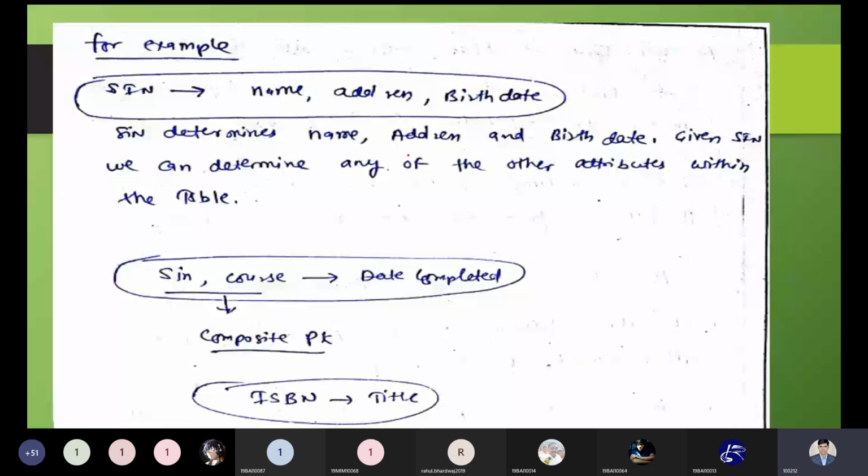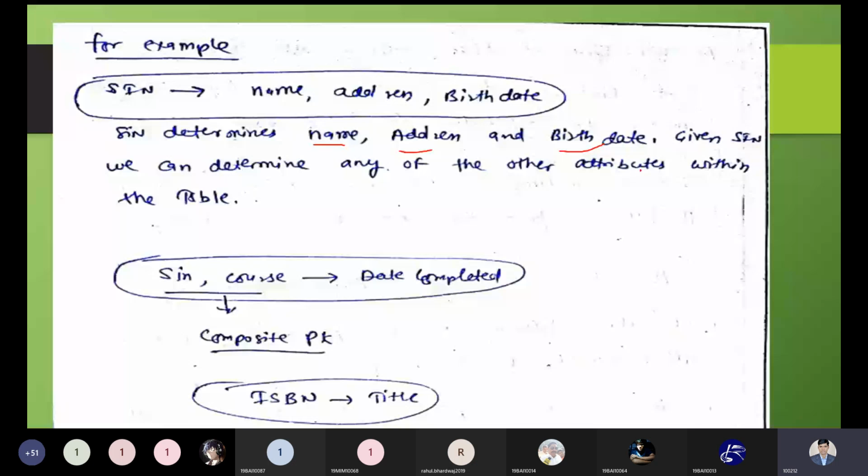The student name, address and birth date may be the same, like your birth date could be equal to your friend's, and your friend's name is also equal to your name, and maybe both belong to the same city. At that time these three different attributes have the same value, but we need to provide uniqueness, so we use the student ID or student identification number. Given the SIN we can determine any of the other attributes within the table, like this one.